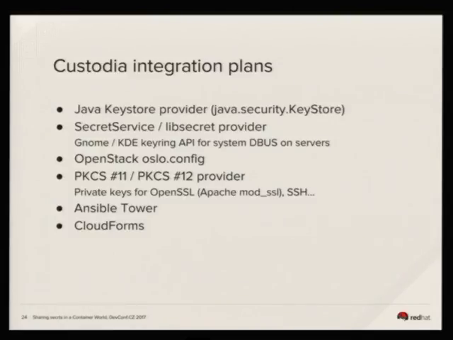That's just a library that you can compile in, has some C API where you use session dbus to talk to your keyring. We'd like to do something similar, just hook in the libsecret, but for a headless service, using the system dbus. These are ideas we have. Or for OpenStack, hook into Oslo config.